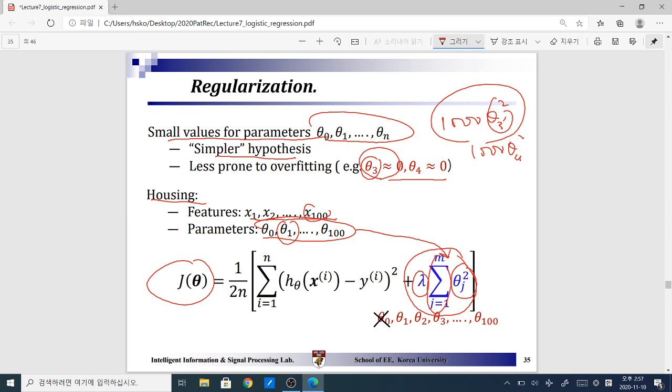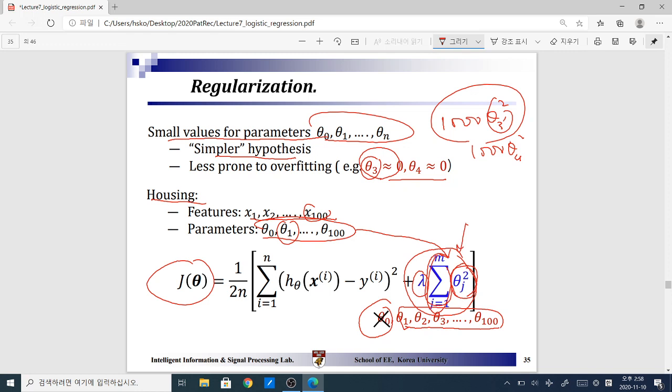Usually, by the way, in the summation for minimizing the parameters, we do not count theta 0 as part of this term. We only involve theta 1 to the rest, because typically theta 0 is considered not reducible, is what I should say.